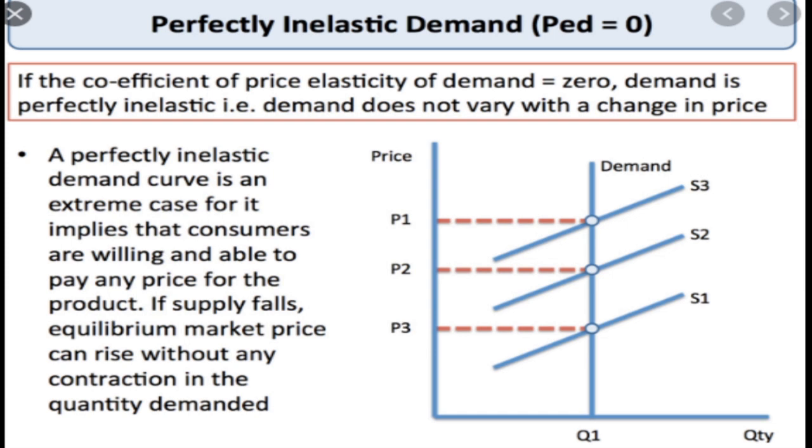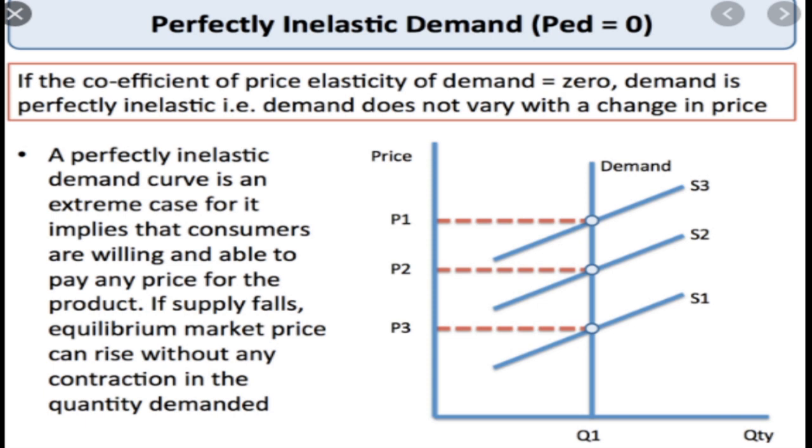So in this diagram, the demand curve is a vertical straight line. And this vertical straight line demand curve represents that whatever the price, suppose the price is P2, at that time the quantity demanded is Q1.